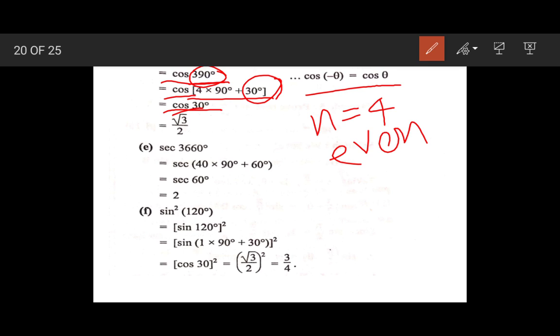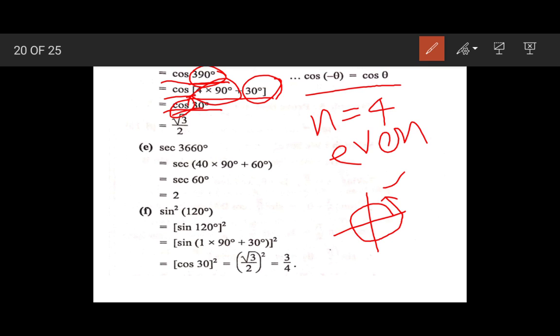Now whether it will be plus cos 30 degree or minus cos 30 degree, for that we have to see in which quadrant the angle 390 lies. 4 into 90 means 360, the whole rotation, plus 30 degree, so the angle is in the first quadrant. In the first quadrant all trigonometric ratios are positive, so cos 30 degree will be positive.